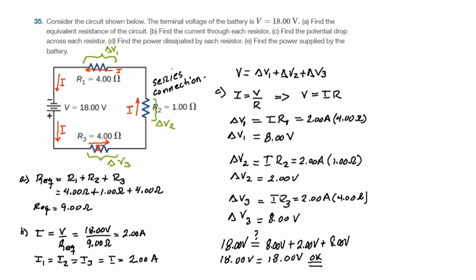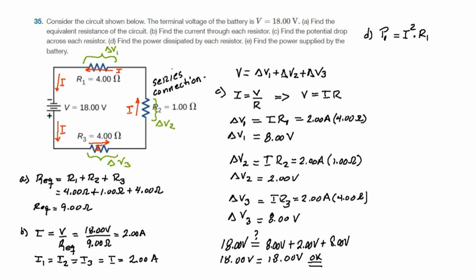To find the power dissipated by each resistor, you can multiply the square of the current times the resistance of the resistor. So the power dissipated at resistor 1 will be the square of the current times the resistance of resistor 1. Because this is what power is.